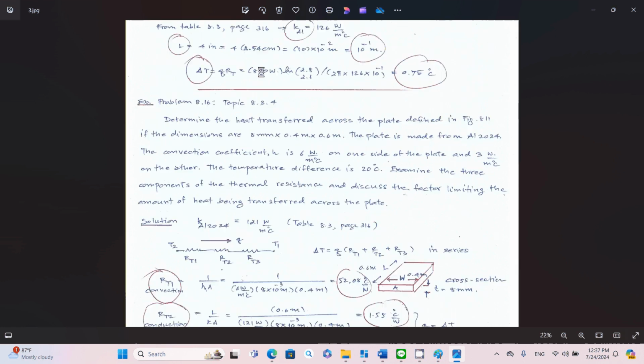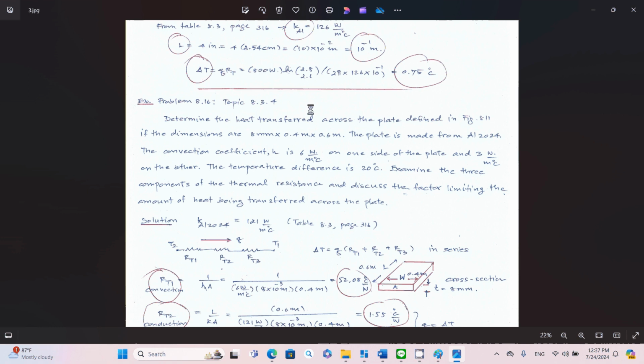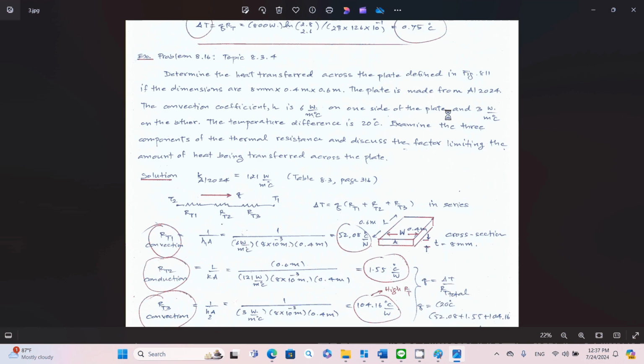Problem 8.16, topic 8.3.4. Determine the heat transfer across the plate depicted in figure 8.11 if the dimensions are 8 millimeter by 0.5 meter by 0.6 meter. The plate is made from aluminum 2024, just by coincidence. This year is 2024, right.